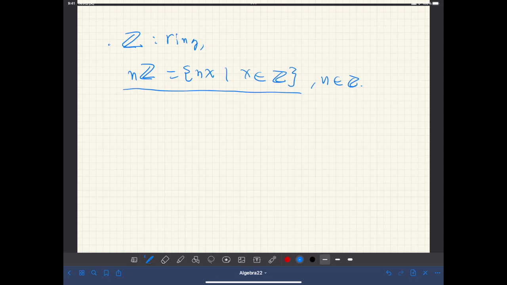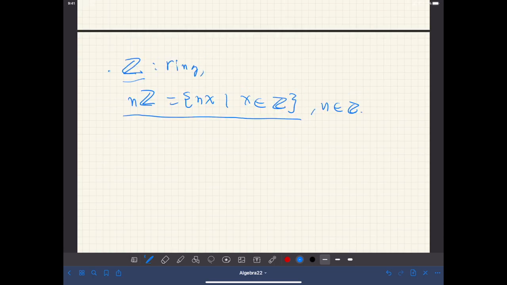In general, for a commutative ring, and Z is a commutative ring, left or right ideals are also two-sided ideals. To see this is an ideal is very easy. Let's take any x from Z and any a from nZ.